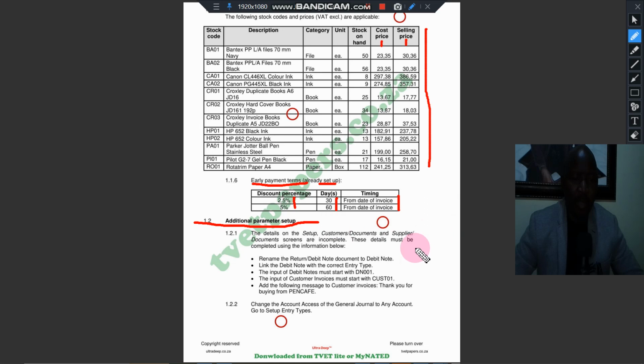This is where I believe your question paper starts, with additional parameter setup. You cannot start processing anything before you go through the additional parameter setup, because after this, then you start going to the real meat of your question paper with the parameters. It's like the foundation and the framework of your question paper.